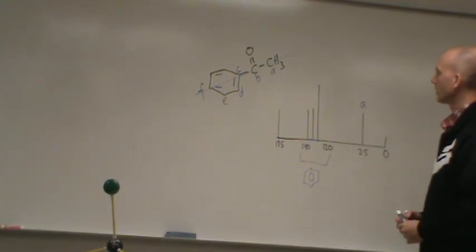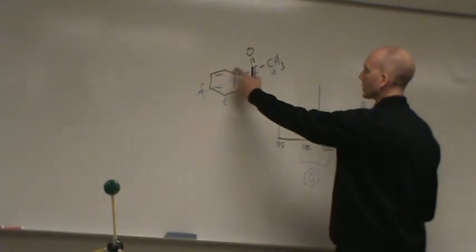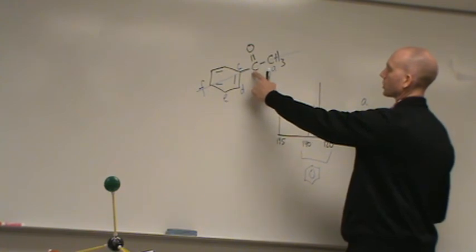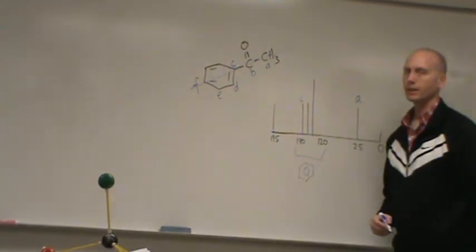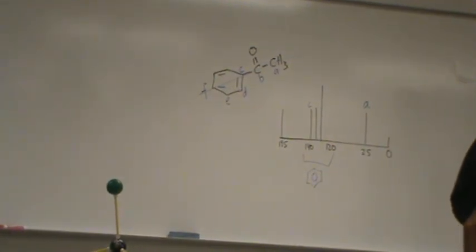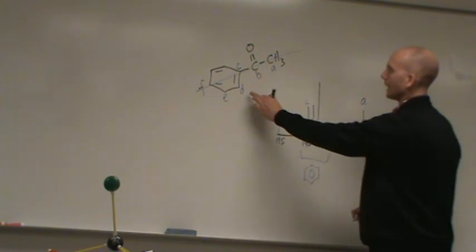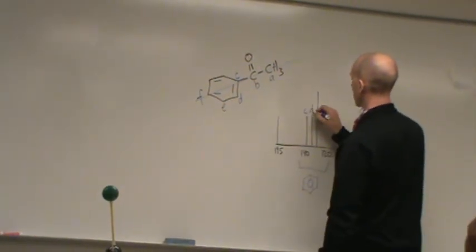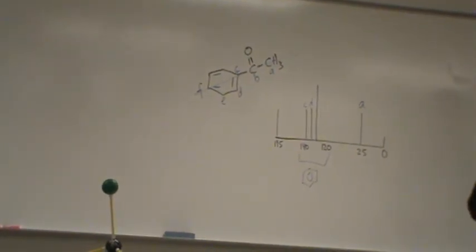So let's identify these. C, the benzene carbon closest to the de-shielder, should be the most downfield one there. D is the next closest to the de-shielder, so that should be that one there.